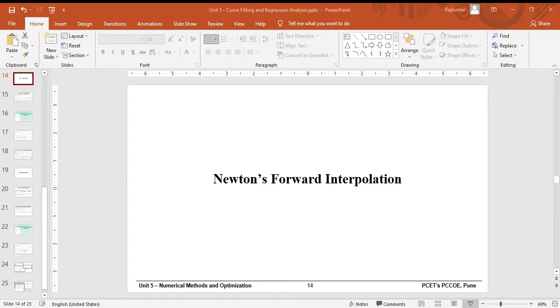Again, one important thing I would like to highlight here: as we are interested in y when x is 160, this 160 is very close to 150. That's why I highlighted this particular value, and again it is in bold.